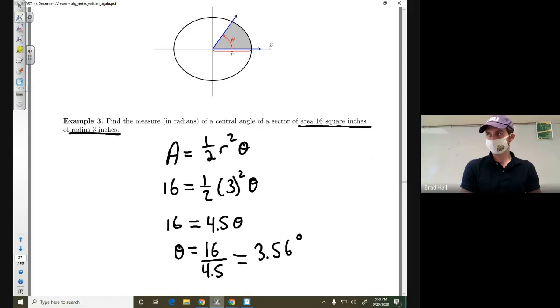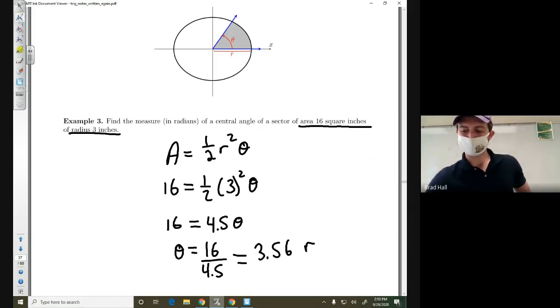Fifty degrees? We're going to have to convert it to radians. Well, there's an even worse problem here. This isn't a degree at all. It gives you radians.